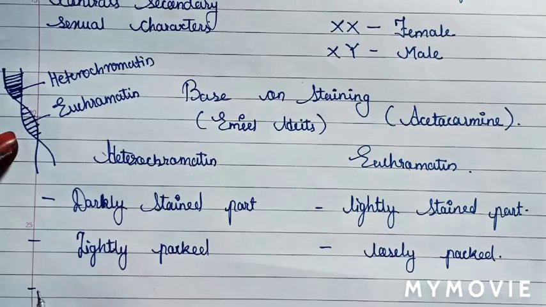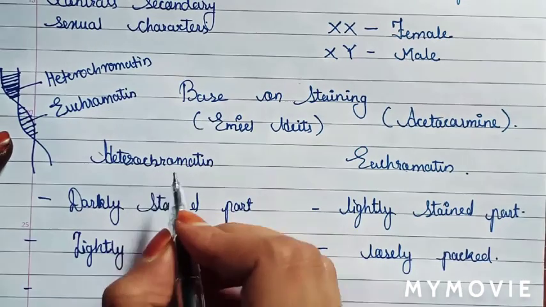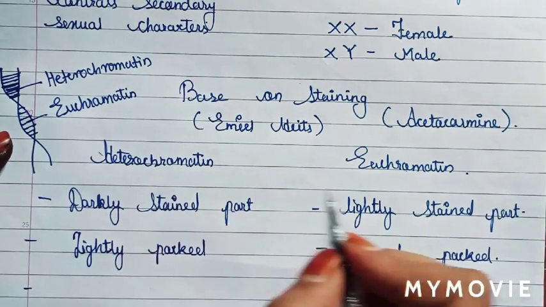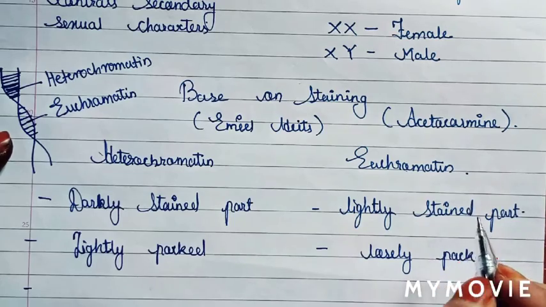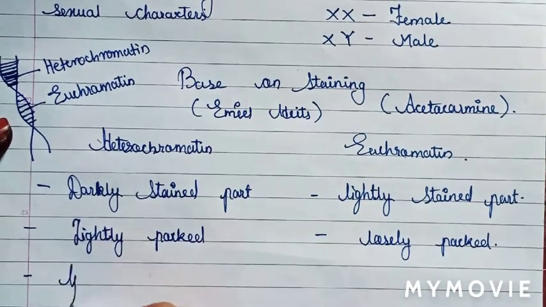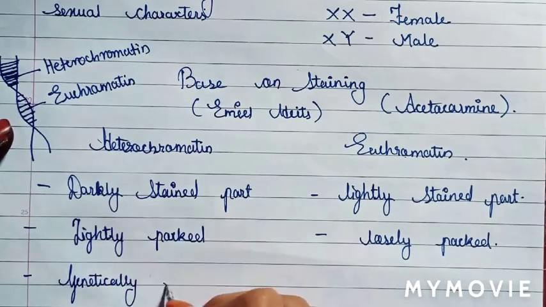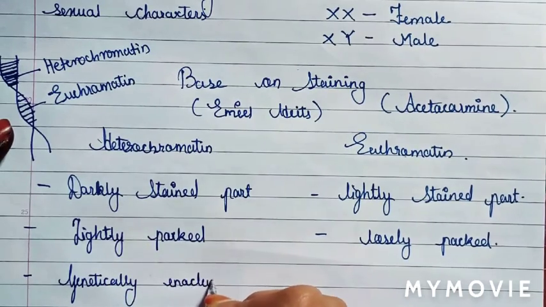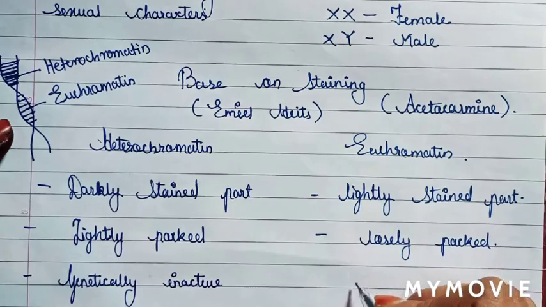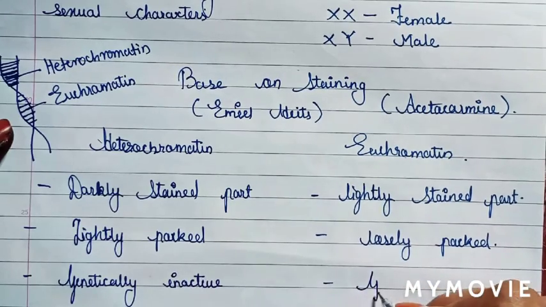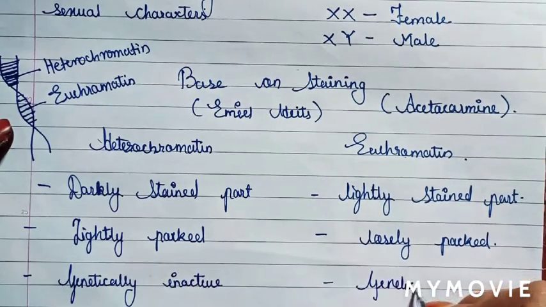Now this heterochromatin is genetically inactive, whereas this euchromatin is the genetically active part.